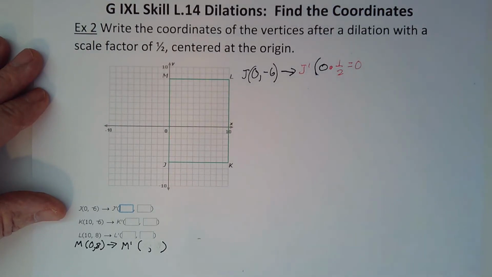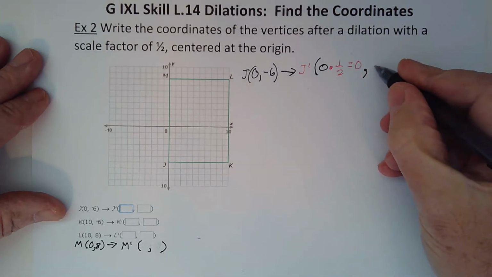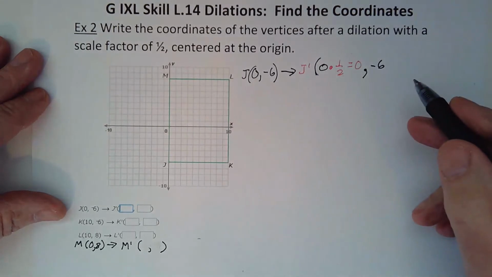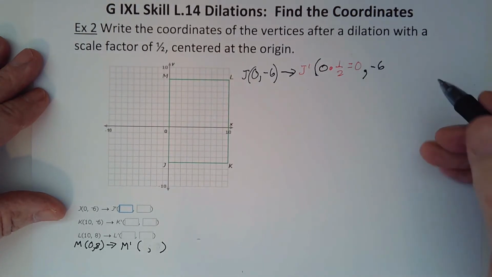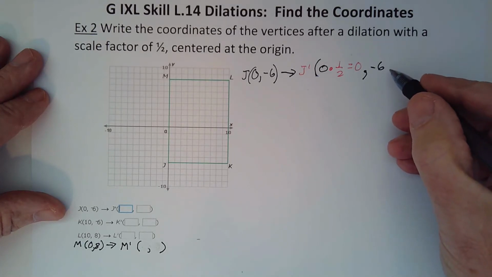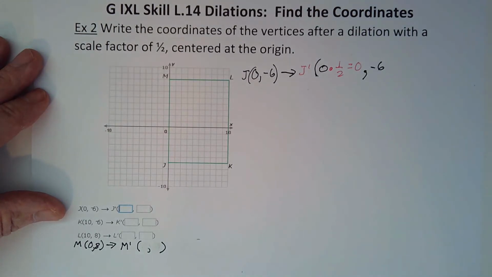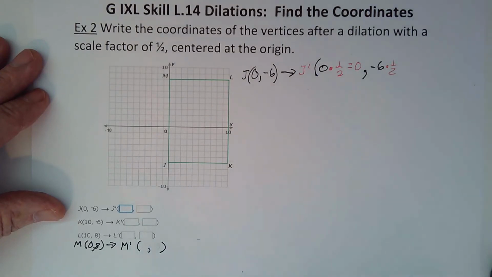And then I'm going to do my second coordinate. My second coordinate is negative 6. So that's my y coordinate. Negative 6 times 1/2. Well, half of negative 6, it's negative 6 divided by 2, or we can just say half of negative 6 is negative 2. All right? So negative 6 times 1/2, that's going to equal negative 2. Let's use the red again.